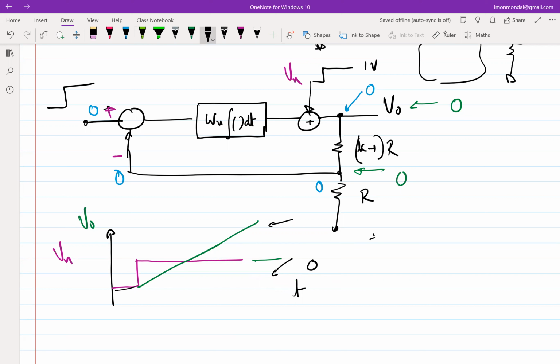Can it be a ramp function all the time in a negative feedback loop? When can it be a ramp? The output can only be a ramp if you have a constant input at the input of the integrator. The integrator is the only driving block here, right? Everything else is sensing. So only when you have a constant input at the input of the integrator will the output be a ramp.